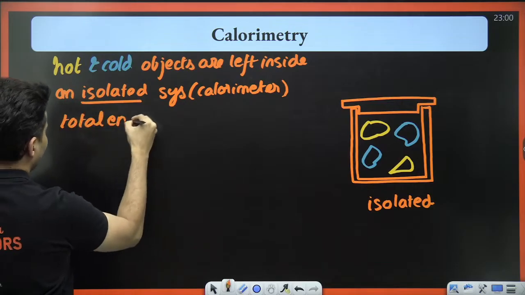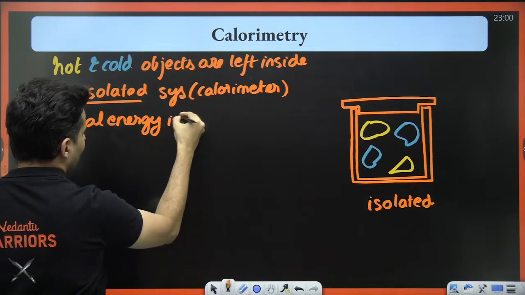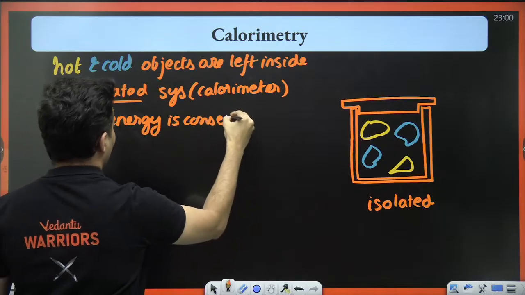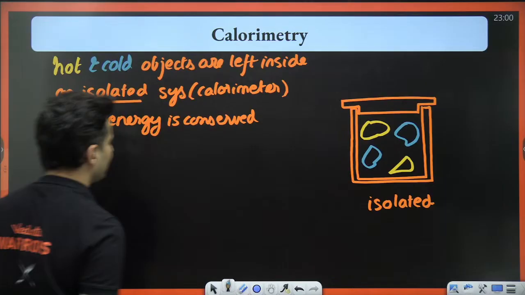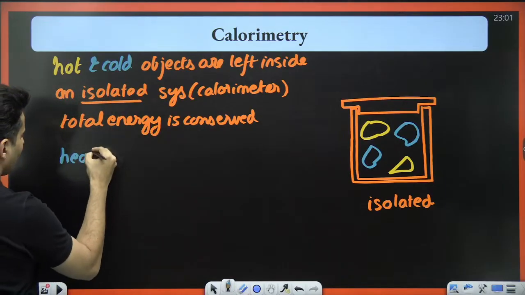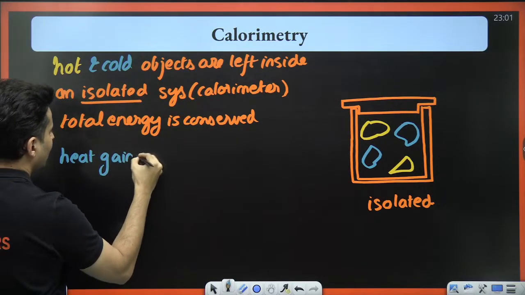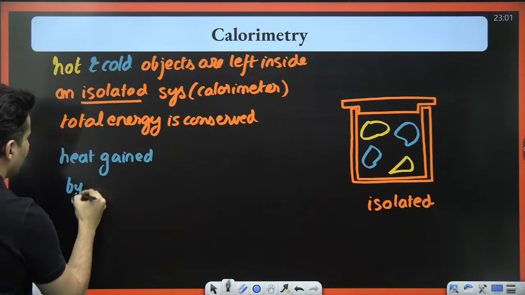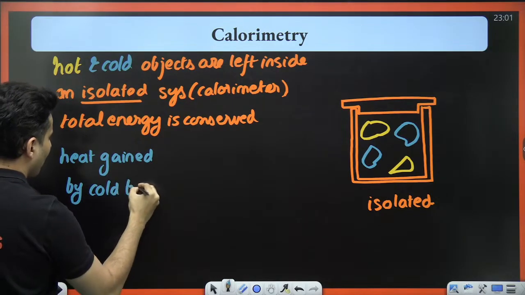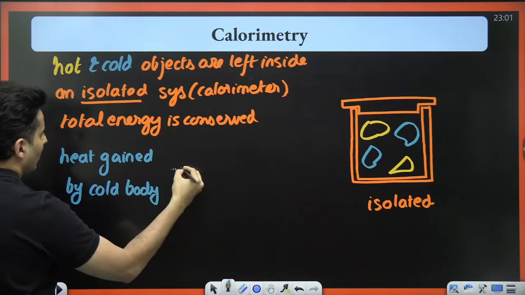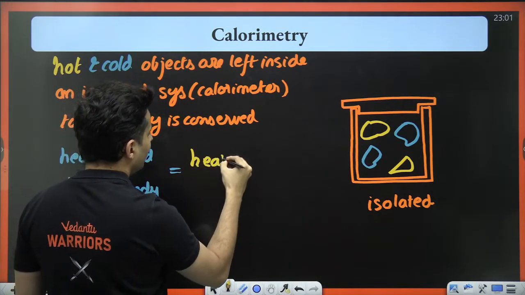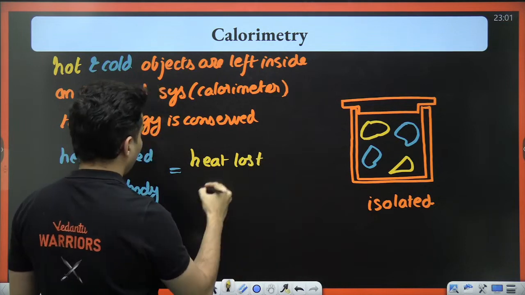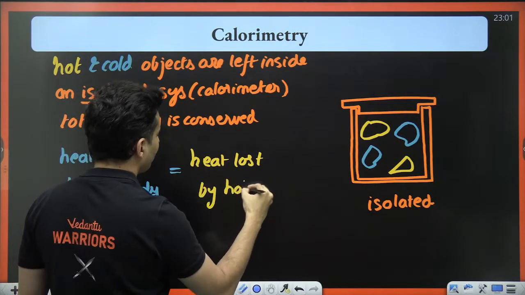The total energy is conserved, and because of this you get the principle of calorimeter, which is: heat gained by the cold body, whatever heat is gained by the cold body, will be exactly the heat lost by the hot body.